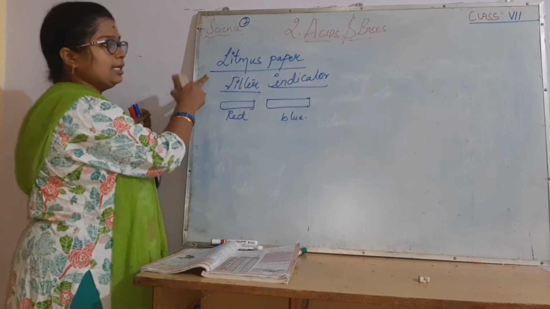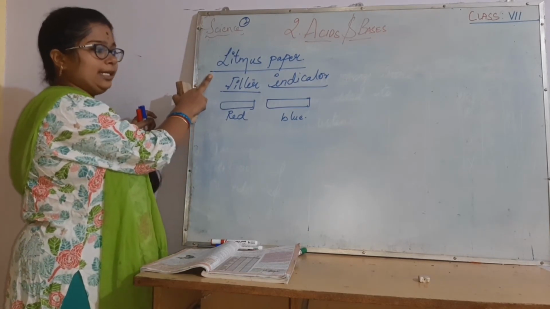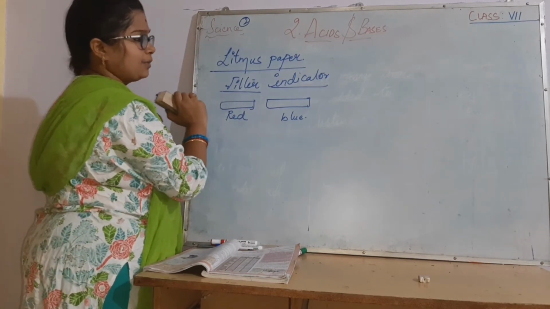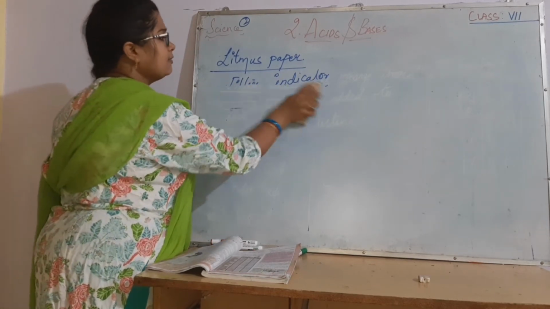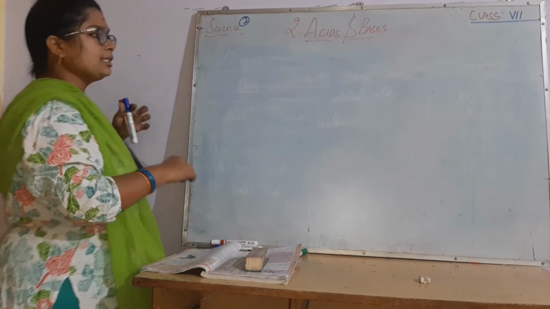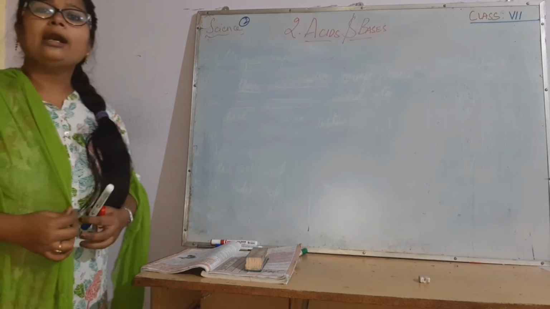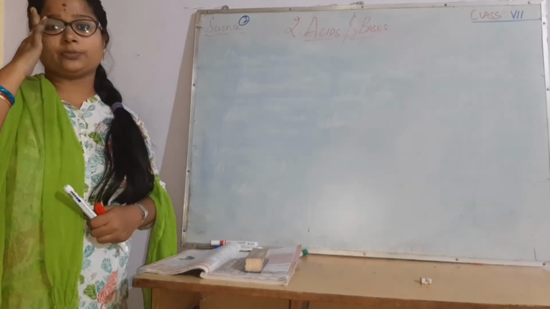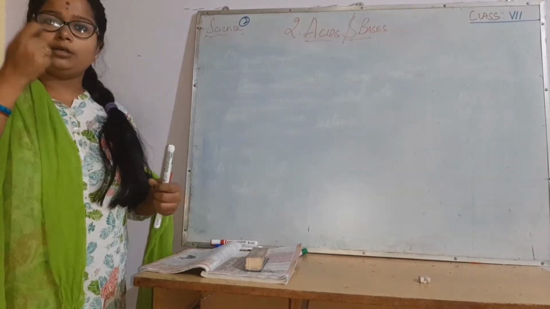Did you understand this? Litmus paper is also an indicator. They are available in two colors, red and blue. We will see which color they change to when these litmus papers are dipped in the substances. So you are supposed to take these examples and put those papers.